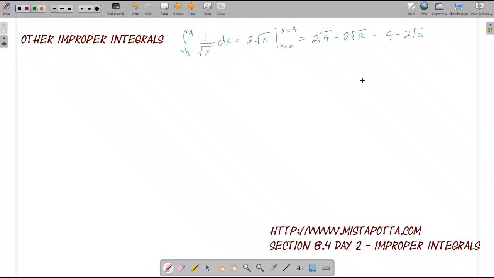The thing that's interesting is that in my original problem, x equals 0 was not in the domain, but in my antiderivative, x equals 0 now suddenly is, which means I can go from trying to evaluate this antiderivative to trying to find this definite integral, the integral from 0 to 4 of 1 over radical x dx.